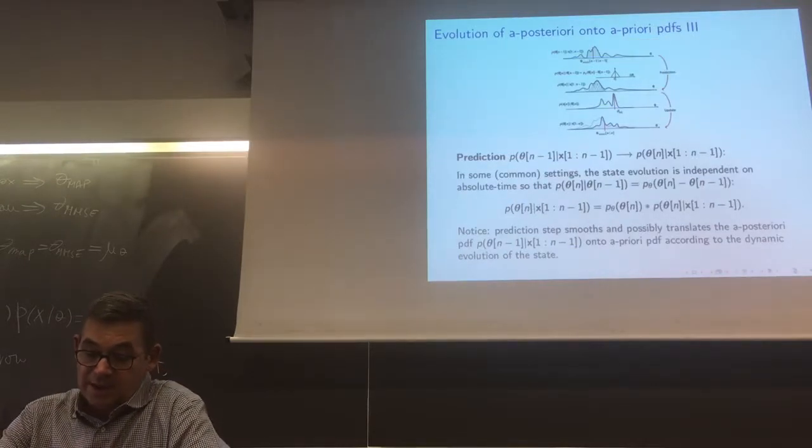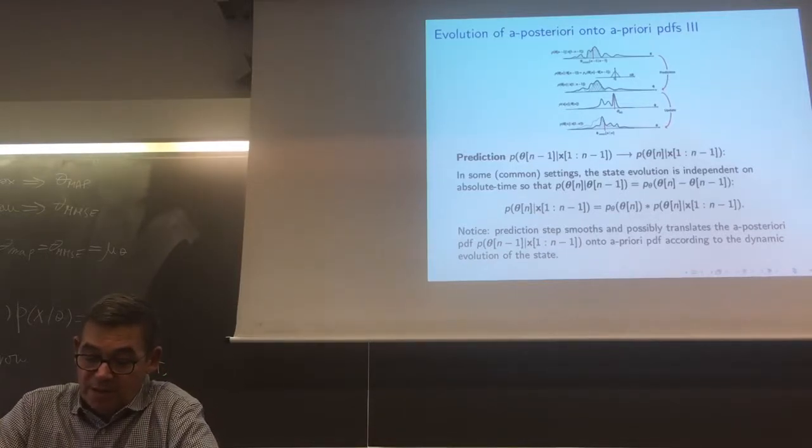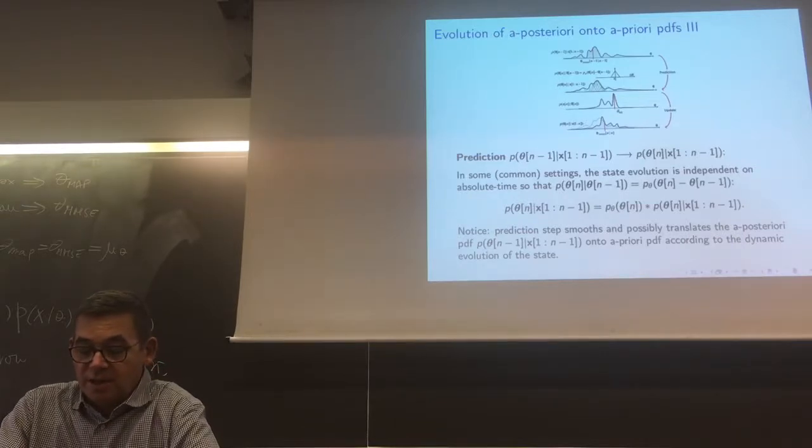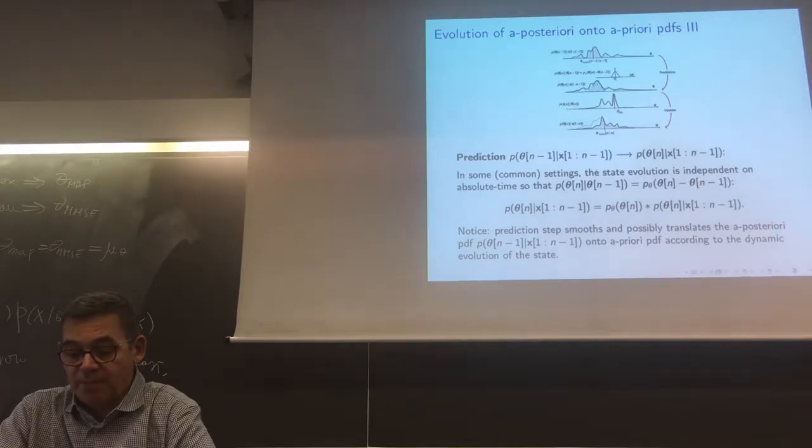Now, as I said, for some special cases, in some common settings, where this transition probability depends just on the difference of the position of the state, without dependency on the absolute value of n, then my Chapman-Kolmogorov simplifies into a convolutional relationship.